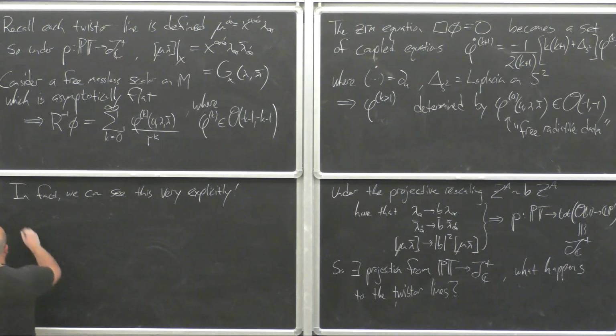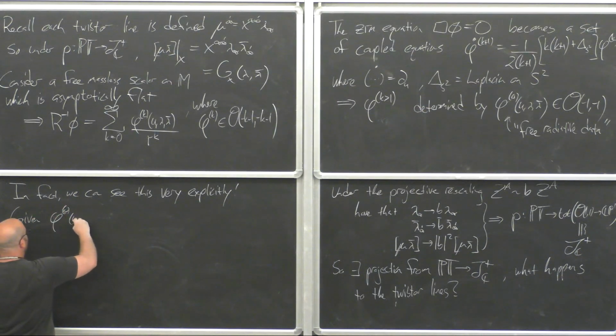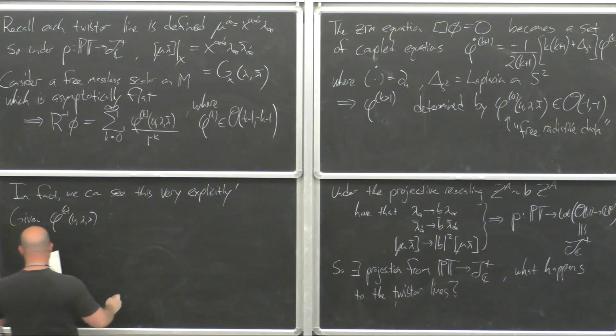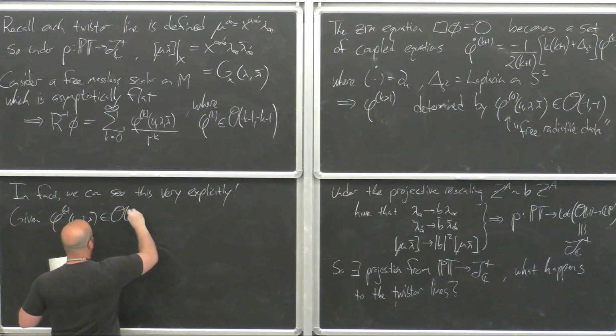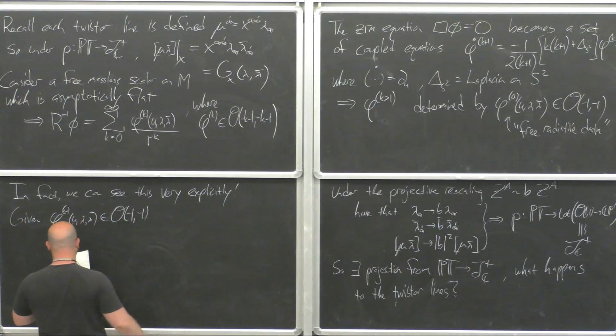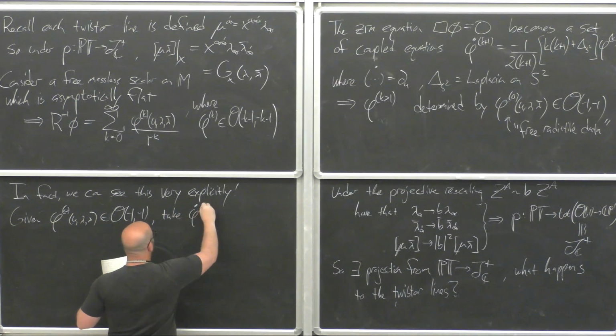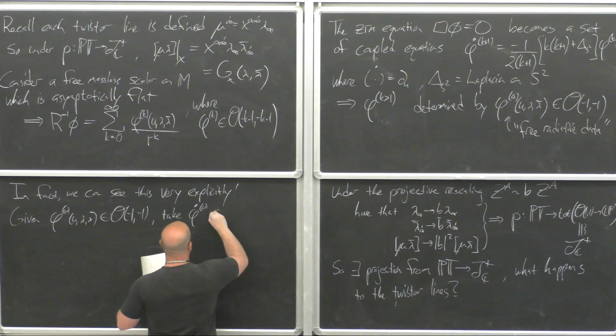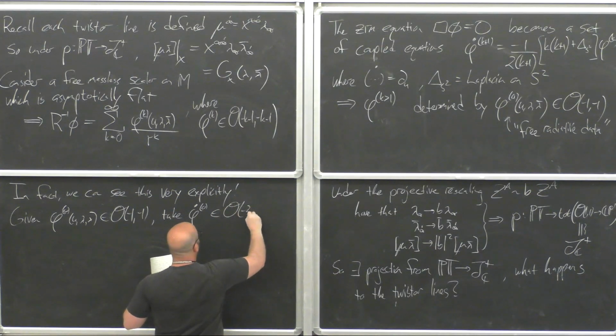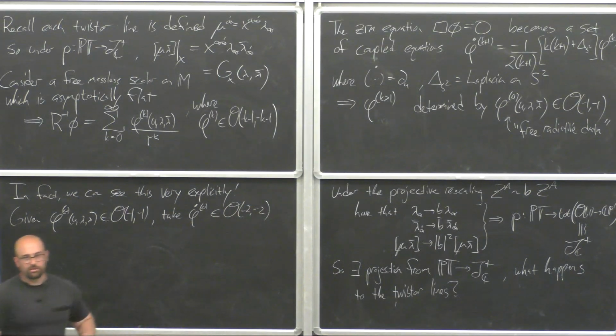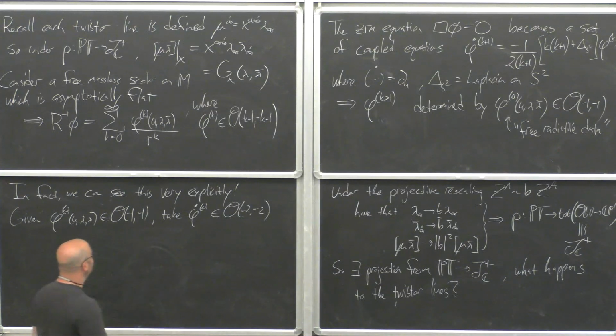So given some phi naught with values in O minus 1, minus 1, we can take one u derivative of this thing. That's going to be weight minus 2, right? Because u is the fiber coordinate of O(1,1), so taking one u derivative knocks us down by 1 in both the holomorphic and anti-holomorphic weights.